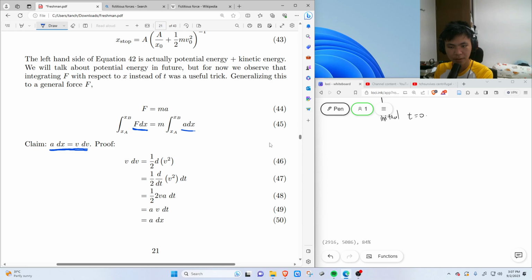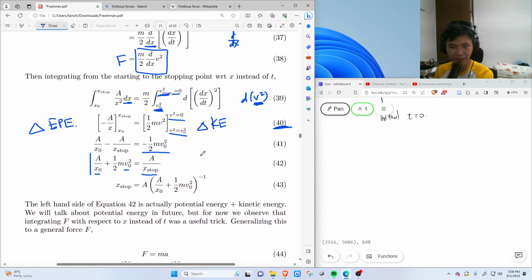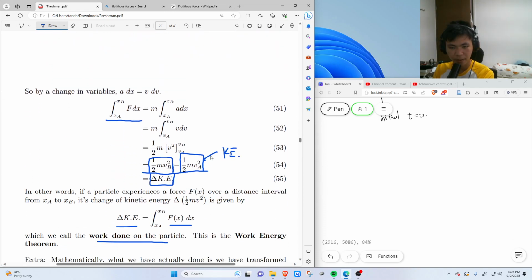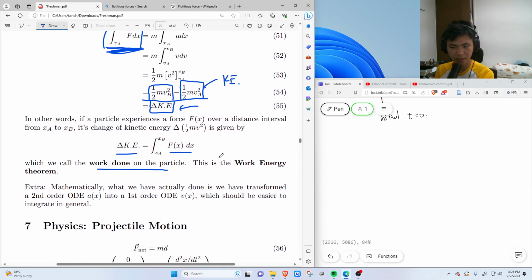And if we show that a dx is v dv, then we basically generalize the above working to a more general case where we do not know the exact work done, but we do know that it's of this form. And the right hand side is something that we can derive, which is that it's a change in kinetic energy. So this is the derivation for the work energy theorem. And that brings us to the end of this video.